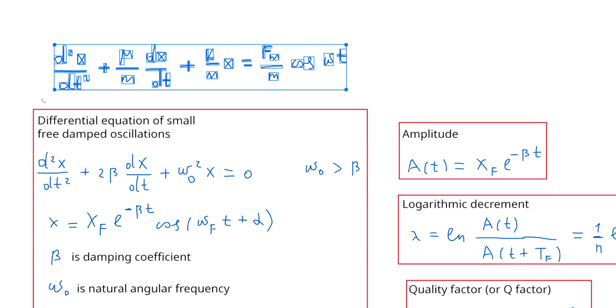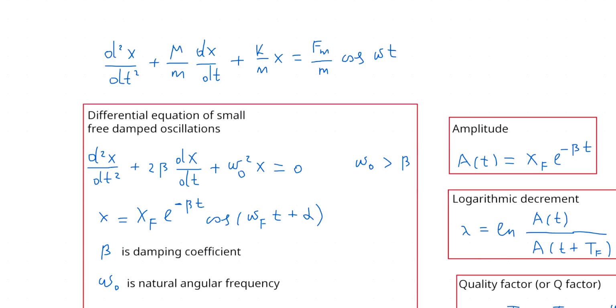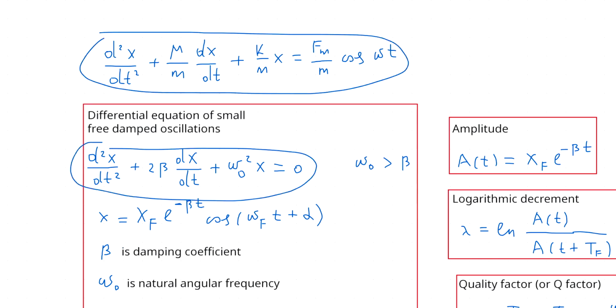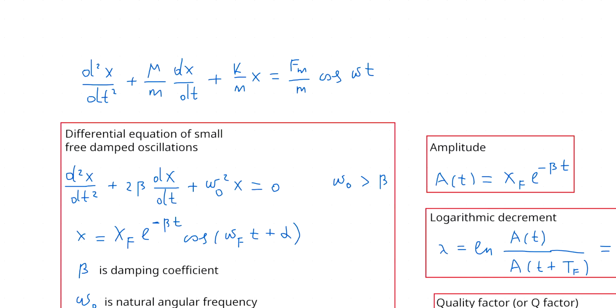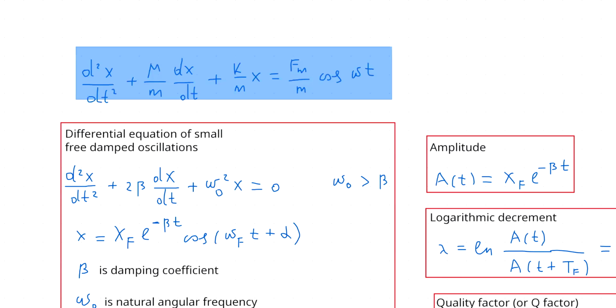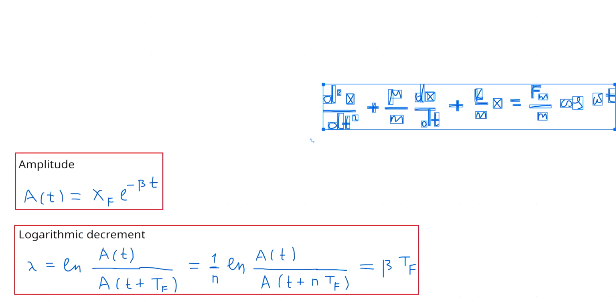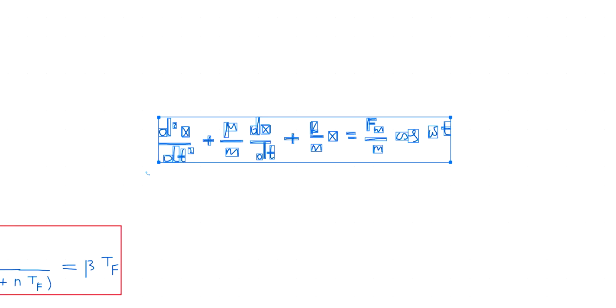And if you compare this equation and this equation, you will see that the difference is that this equation has a non-zero right part, and this equation has zero in its right side. Okay, let's continue.